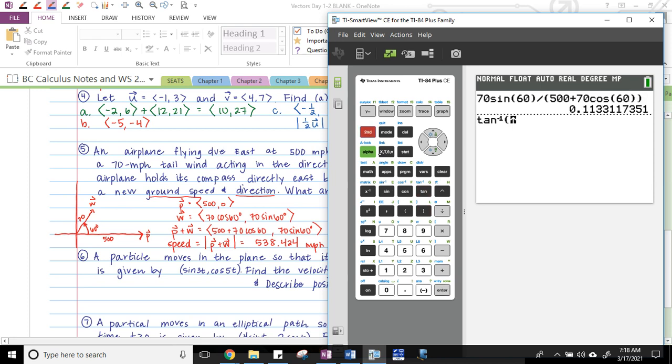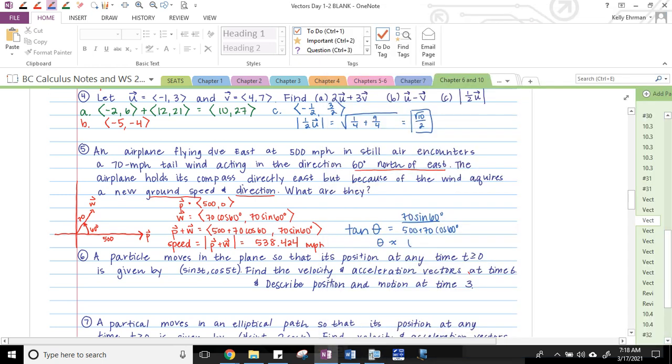Inverse tangent of that answer is about 6.465 degrees. Now we need a bearing on that. They gave us a bearing of north of east. And since we're talking about a little angle that opens up in this direction, this is P plus W, and that's the vector. That is north of east.